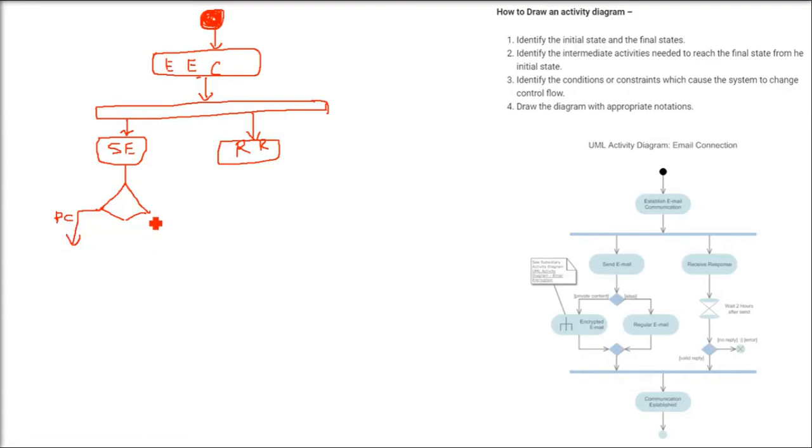I'm writing the initials: private content. Here you write else, meaning if it is not private content, not a very secret content. If it is regular, it goes to the right. Private, it goes to the left.